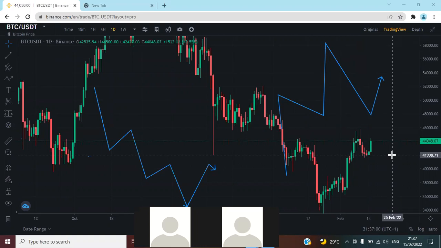Supply zones are resistance, but not all resistance are supply zones. So you have to understand these concepts in that way. It is very important so that you don't get it twisted or miss it.